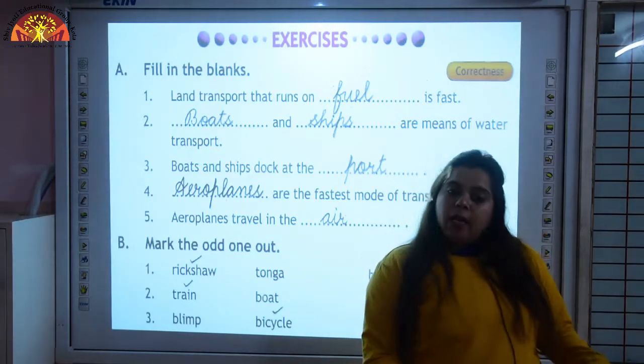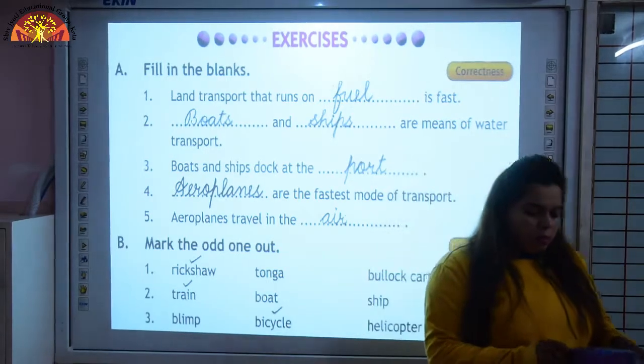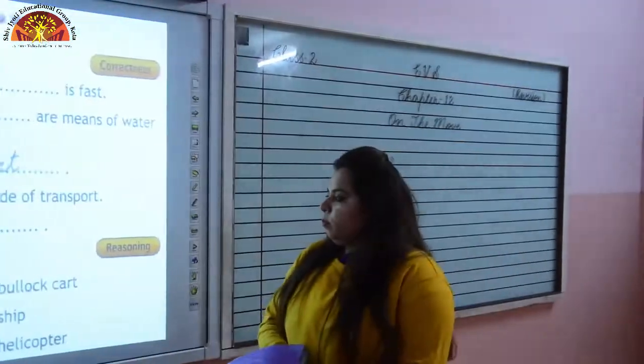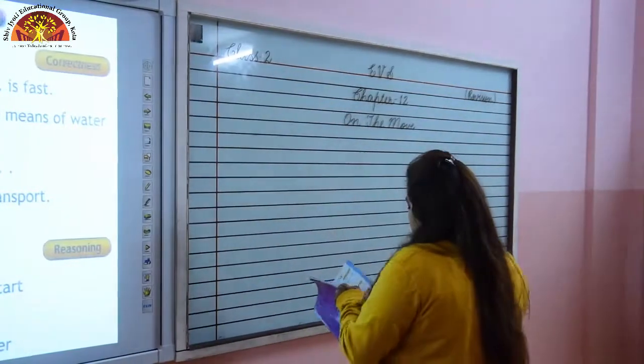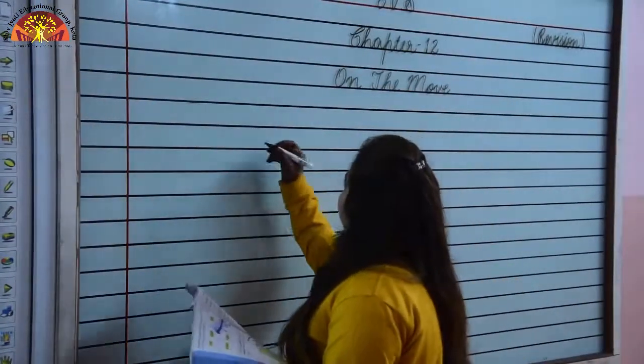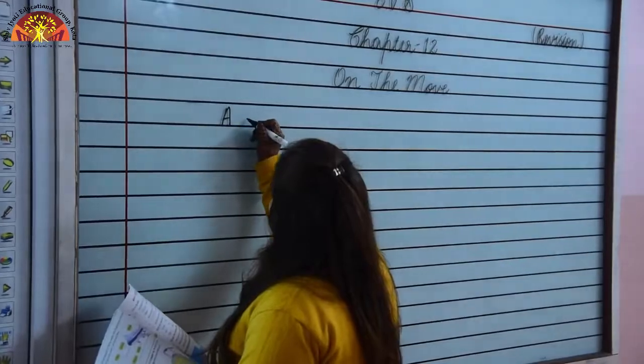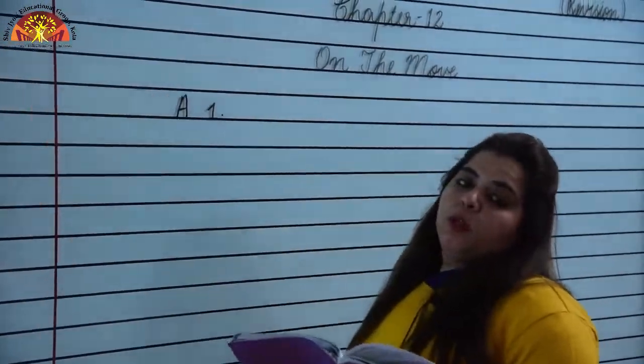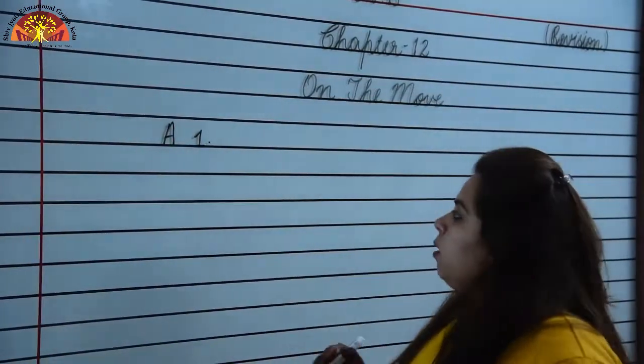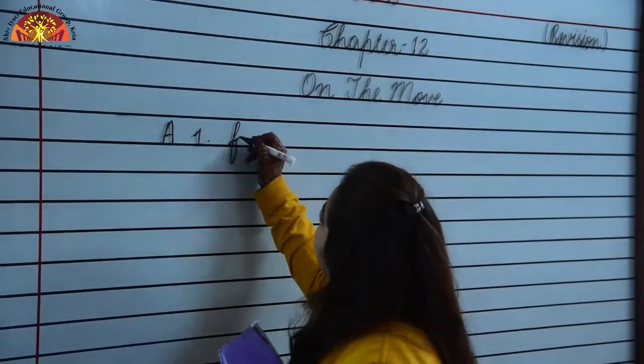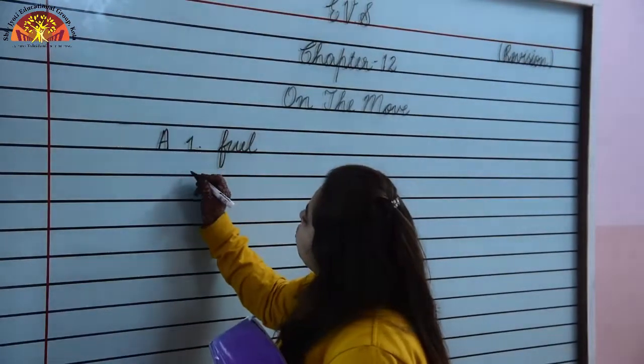Now children, let's learn these spellings once. First, land transport that runs on dash is fast, that runs on fuel. F-U-E-L, fuel.